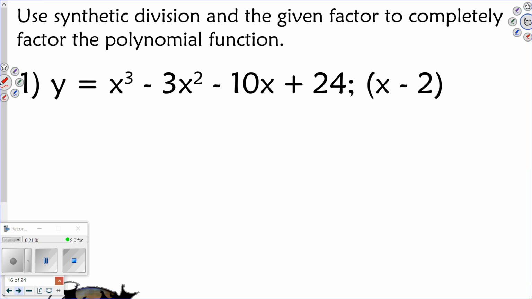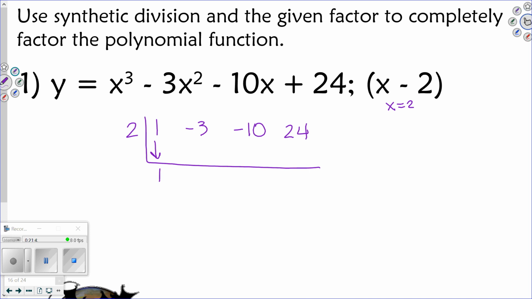All right, so here we go. Use synthetic division and the given factor to completely factor the polynomial function. So it wants me to use the given one and use synthetic, so let's set up synthetic division. Anything missing? No. Okay, so 1, -3, -10, 24. Then what? 2, because x equals 2.